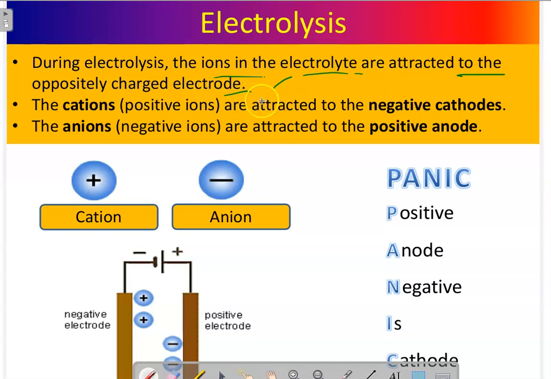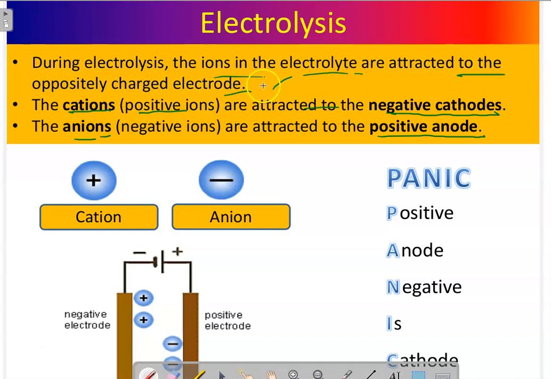What this means is that remember we have two ions, cations and anions. The cation, which is the positive ion, is attracted to the negative electrode, and the anion, which is the negative ion, is attracted to what? The positive electrode.